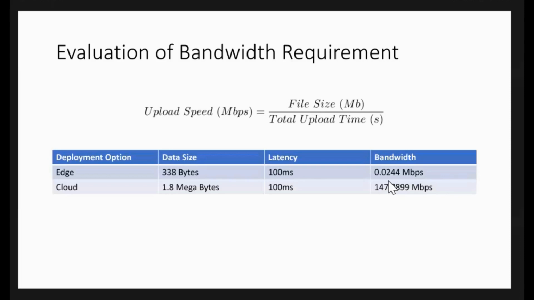But in the cloud-centric approach, because we have to send the audio data as well as the sensor data, the data size becomes big, around 1.8 megabytes. So if we want to send them in real time, we require around 150 megabits per second. So by doing the detection at the edge, we can reduce the power requirement.